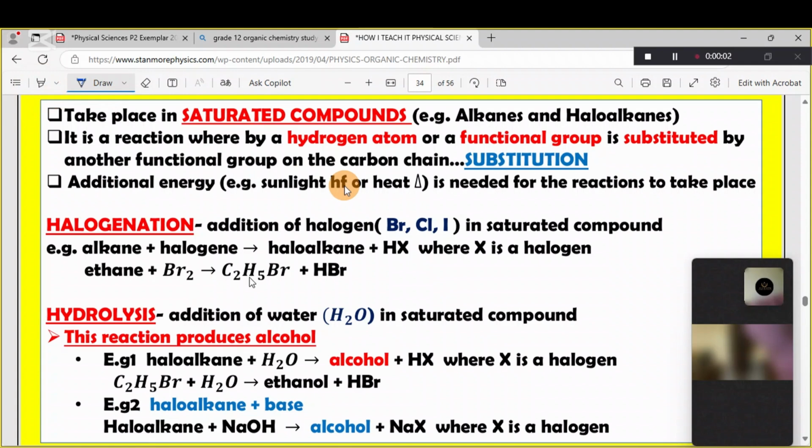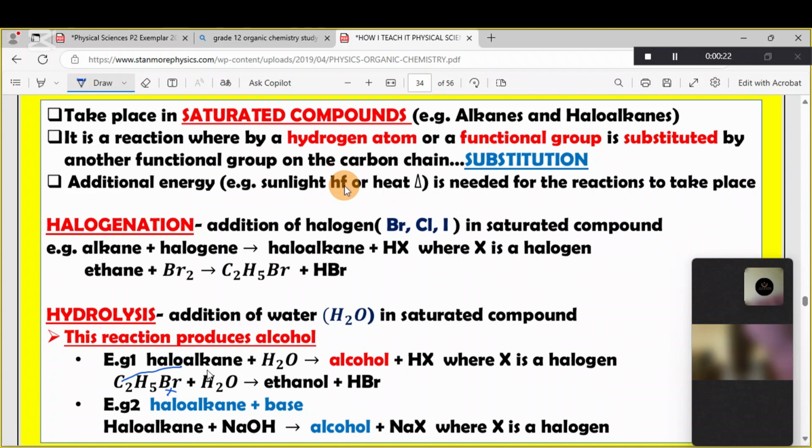So with substitution, I am removing something to form something else. Like in this case, you had something like this, right? This is hydrolysis, where you're adding water. We already had our X, right? We added water. And we ended with an alcohol.